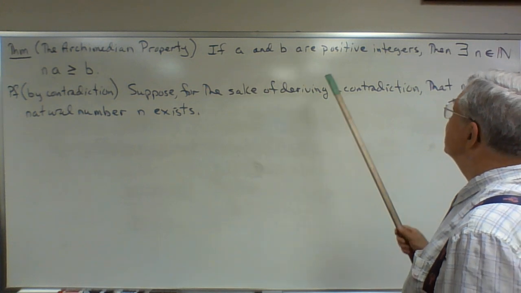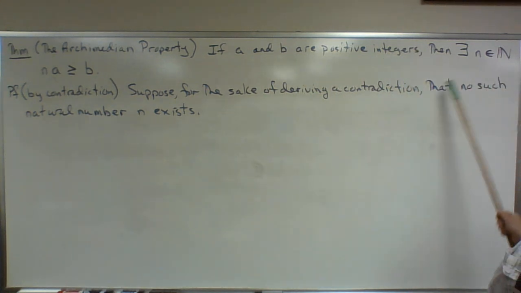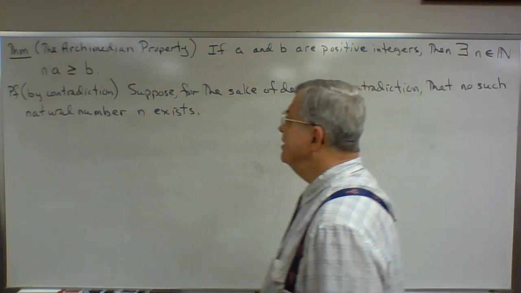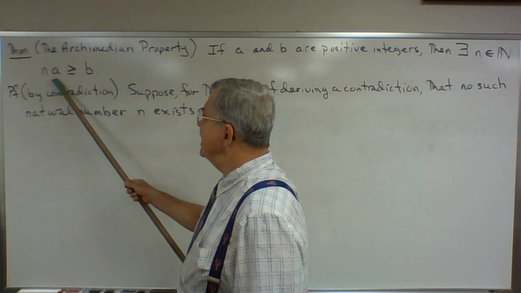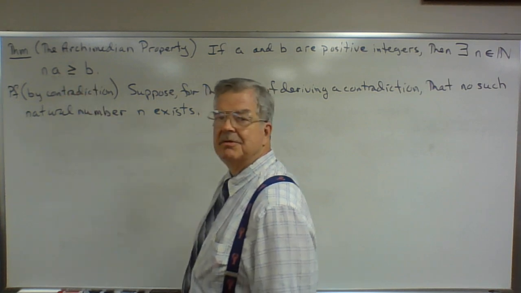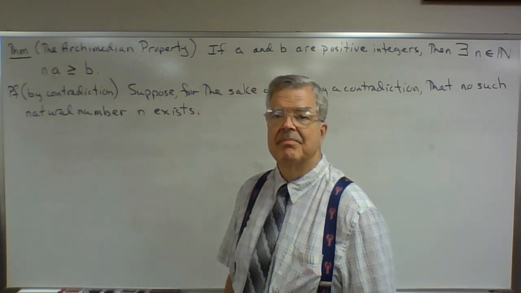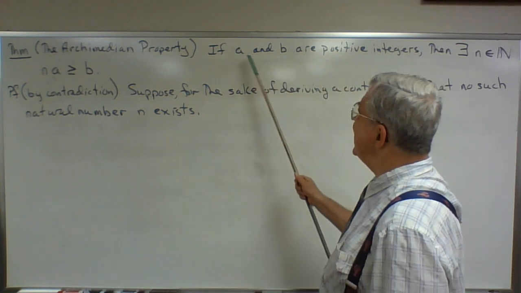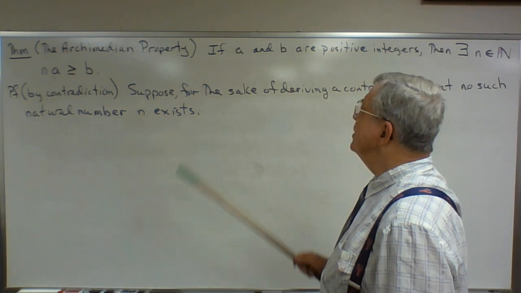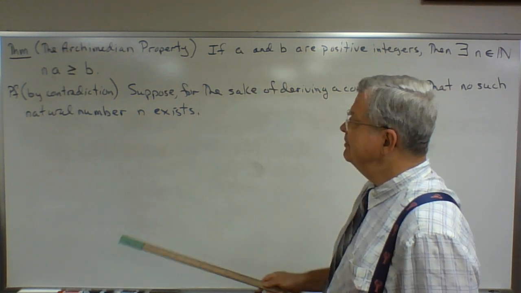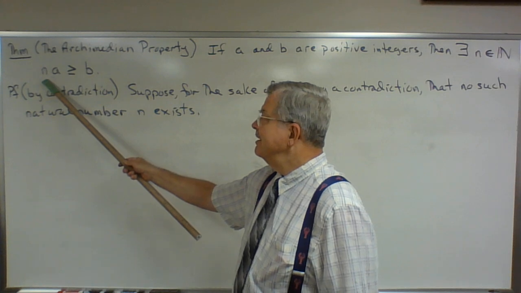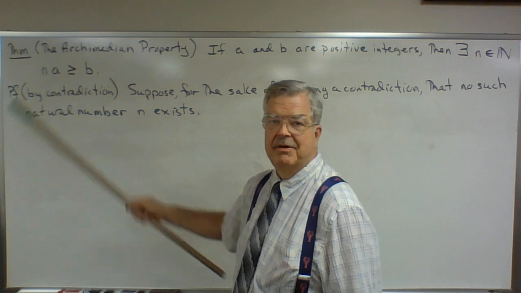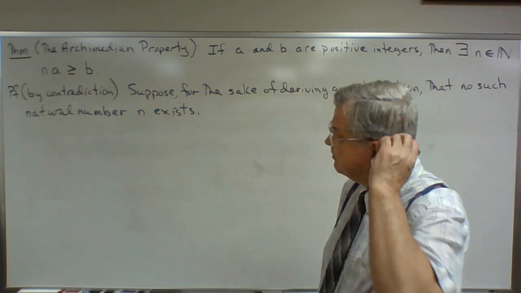If a and b are positive integers, then there exists a natural number n such that n times a is greater than or equal to b. So no matter how much bigger than a b is, we can multiply a by some natural number so that we get a number that's at least as big as b, if not greater.